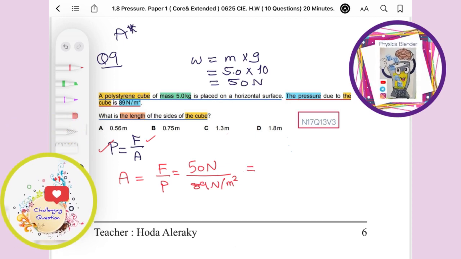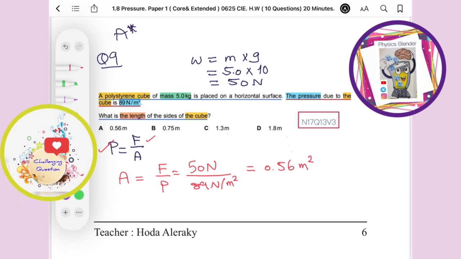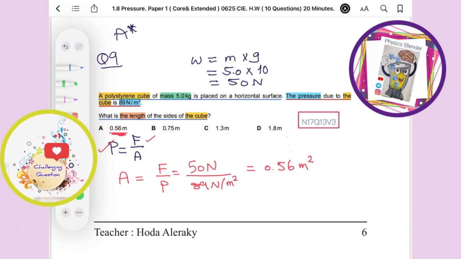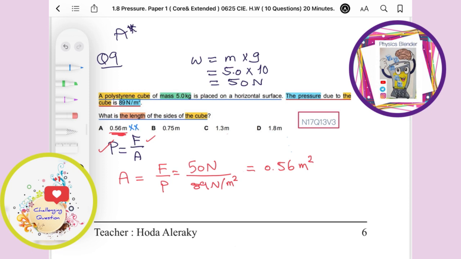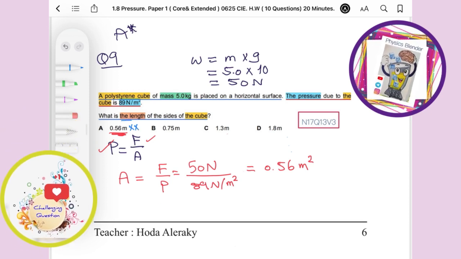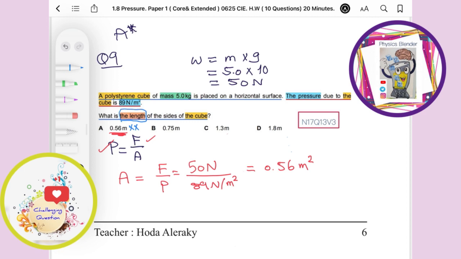Your answer is 0.56 square meters, which is one of the choices, this one, okay? But this is not the answer. Why? It's asking you about the length of the sides.